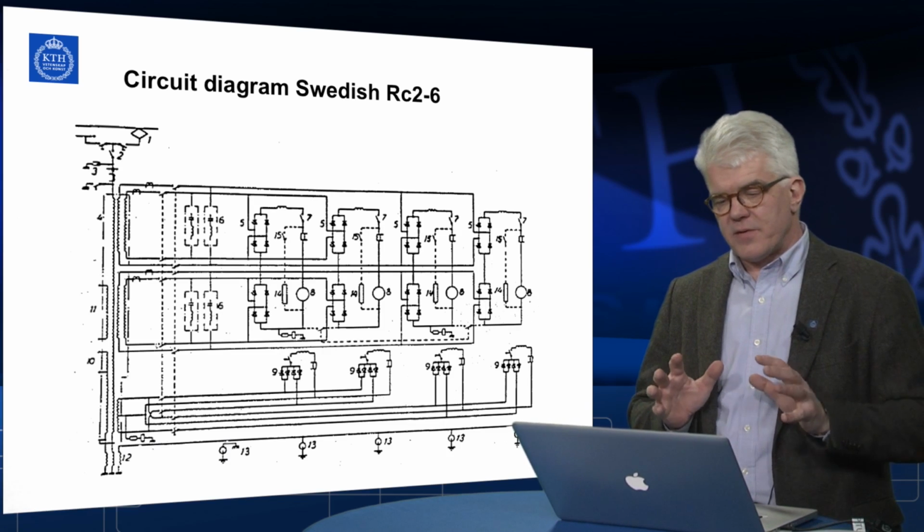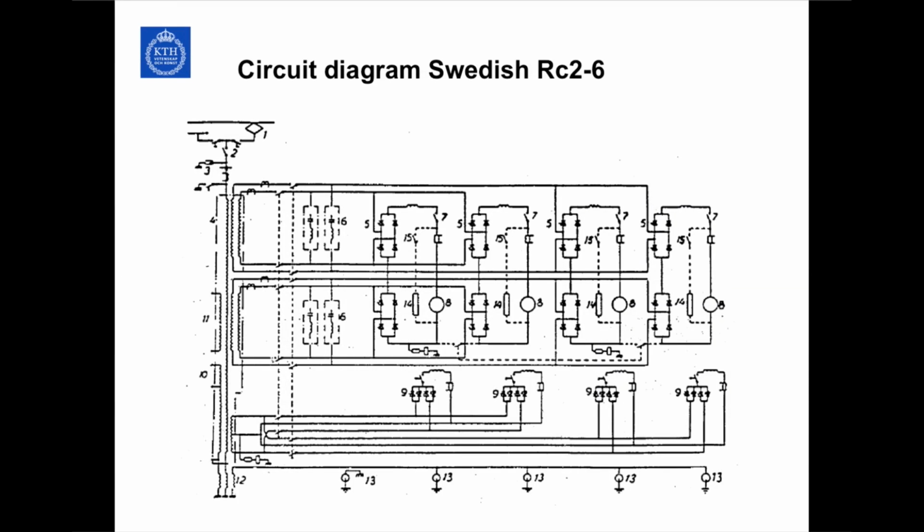Finally, this shows a circuit diagram of a typical DC motor thyristor locomotive. This is a train fed from a 15 kV 16 Hertz supply, where you have DC traction motors. Here you have the armature windings of the 4 motors, and here you have the field winding.